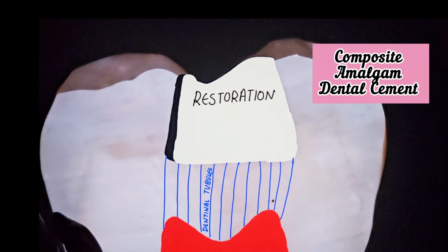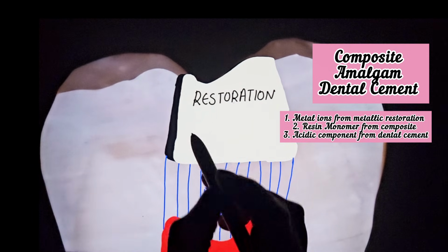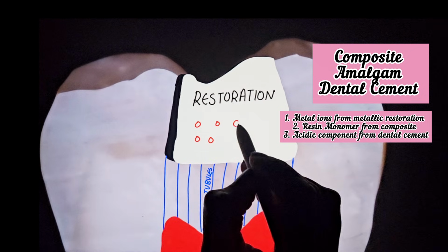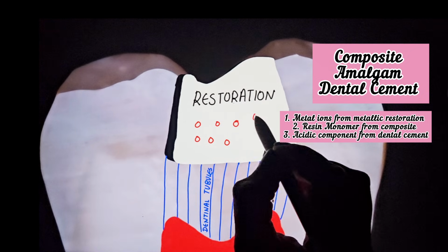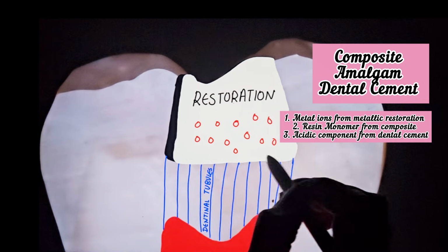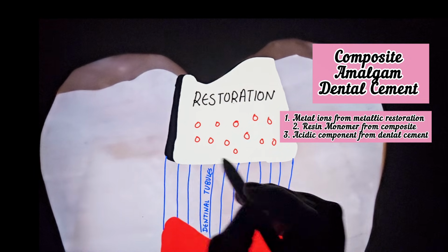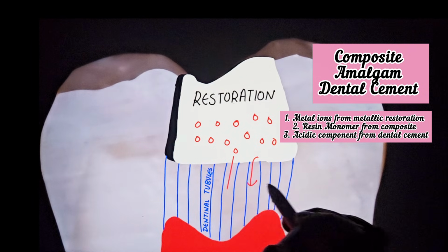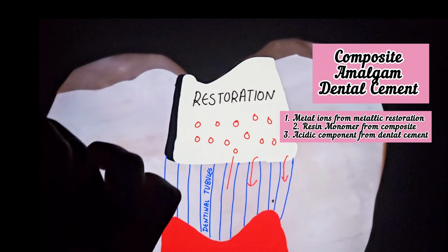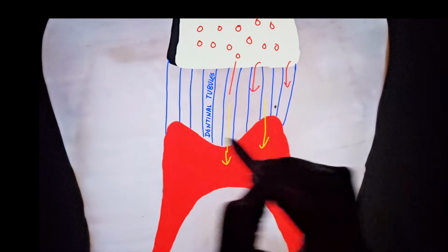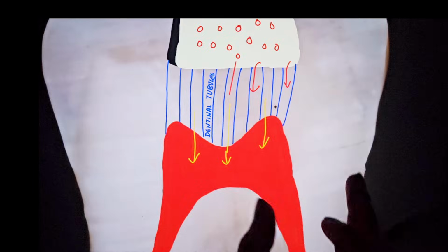So from your metallic restoration, a lot of metallic ions, from your composite restoration, resin monomer, and from your dental cement, acidic component can leave the restoration, and then pass through your dentinal tubules, find its way to the pulp, and finally cause pulpal damage.